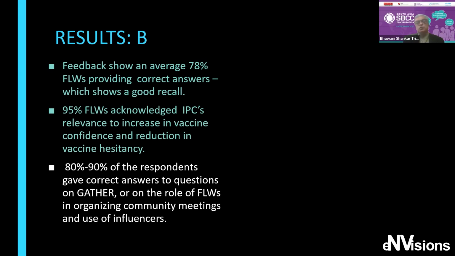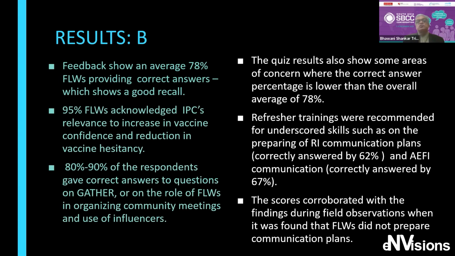GATHER is an IPC tool developed by UNICEF. The quiz also shows results on areas of concern, and then refresher trainings were recommended for the skills not well understood by the participants. And the scores corroborated with the findings during field observations very clearly.